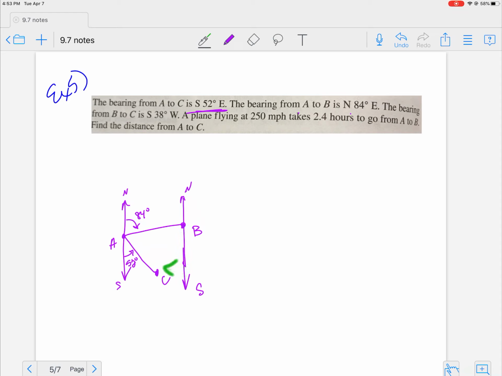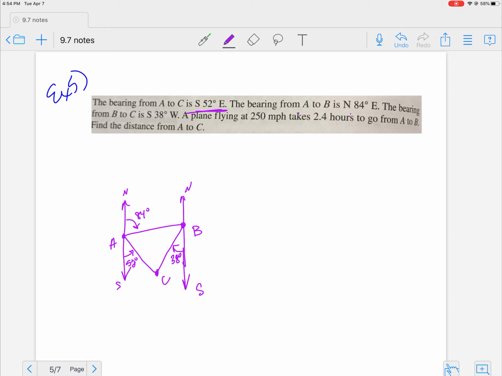The bearing from B to C is going to be southwest. So again, on my B here, I've got my north-south line, and I'm going to go south, but then go west, which is to the left. So southwest from here to here is 38 degrees.